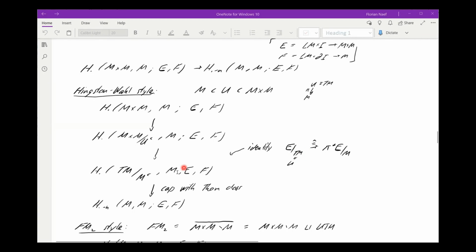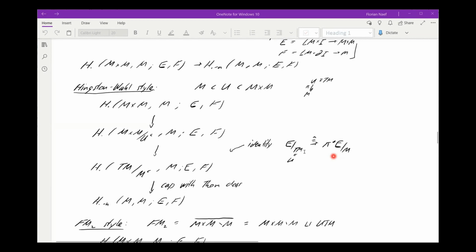But in the end, when we want to cap with the Thom class, it cannot be non-constant. So in particular, we need to identify with the one that is constant along the fiber direction. And because they're local systems, the way one would do this is you choose paths connecting, or roughly you need to choose a deformation retraction of this tubular neighborhood to M.